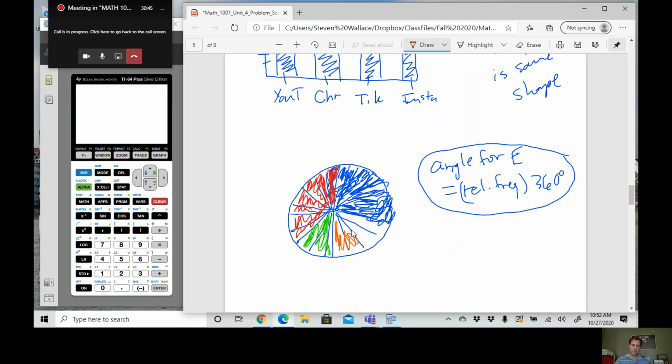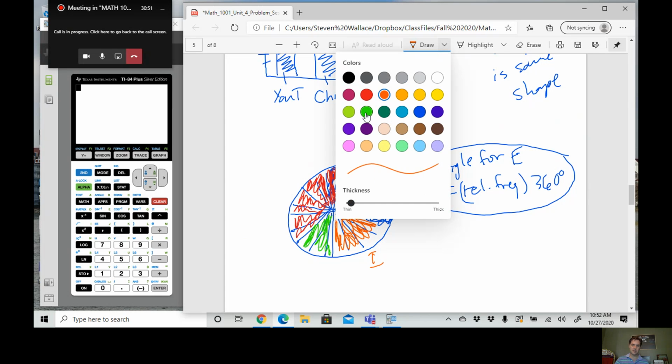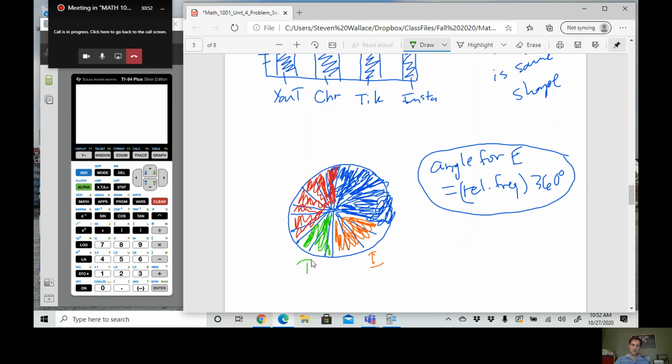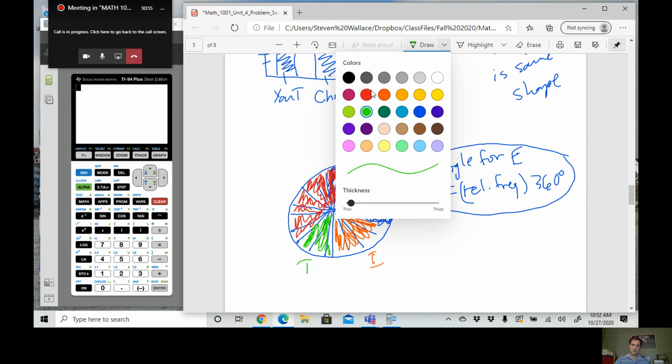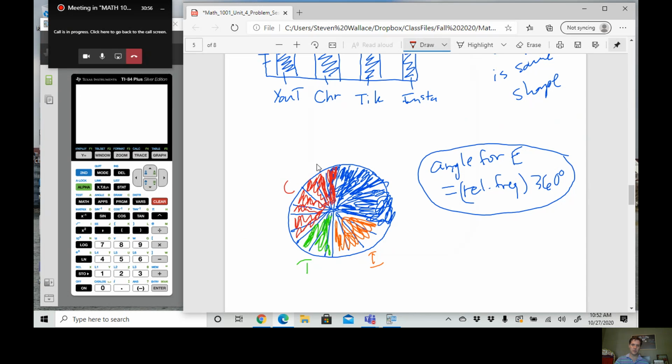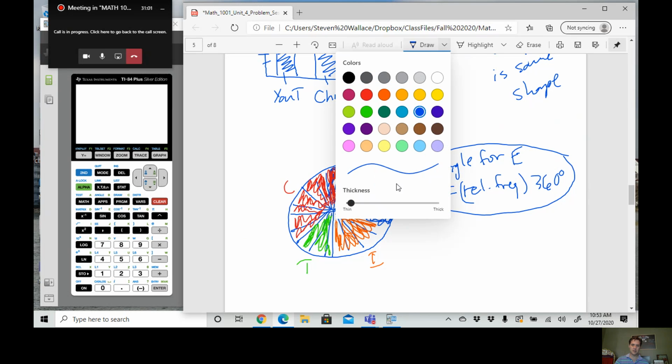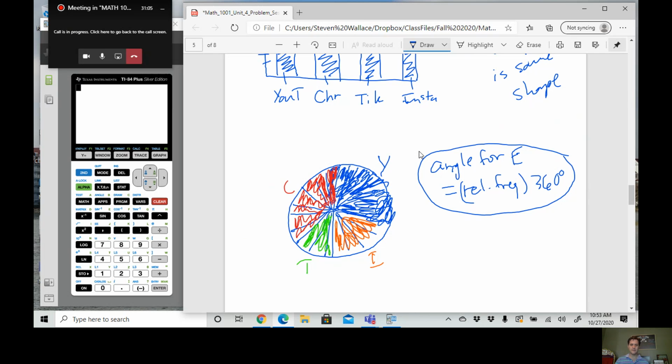It should be 4 left. 1, 2, 3, 4. Okay, so Instagram, TikTok, Chrome, and YouTube.